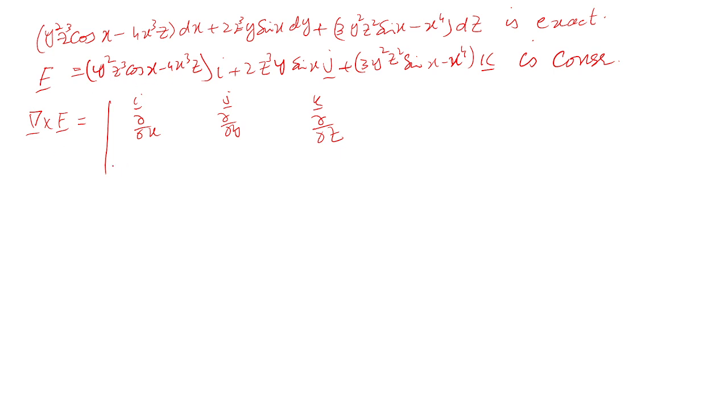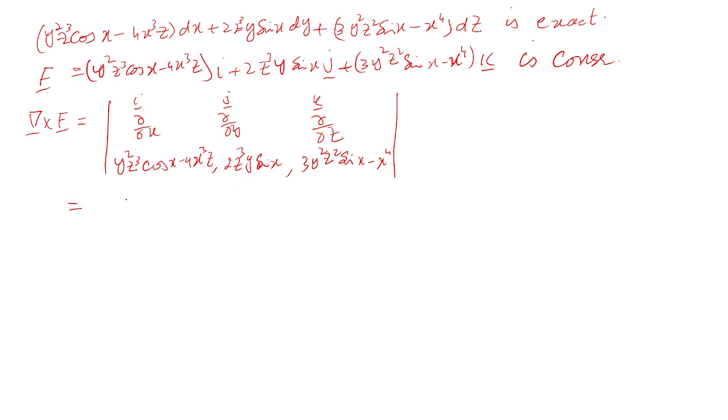The x component is y square z cube cos x minus 4x cube z, then the y component is 2z cube y sin x, and the z component is 3y square z square sin x minus x4. So we have to show that this determinant gives me zero vector.